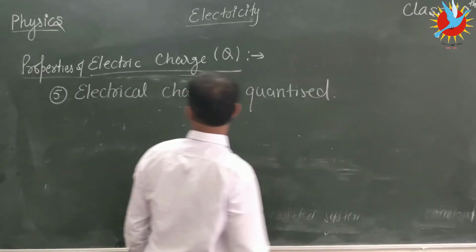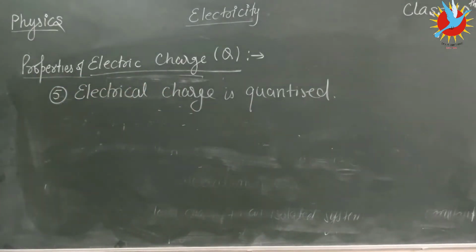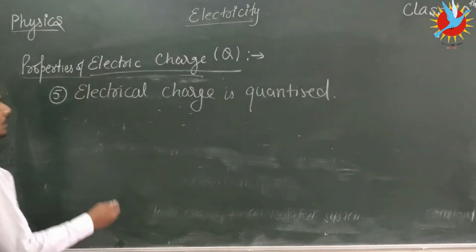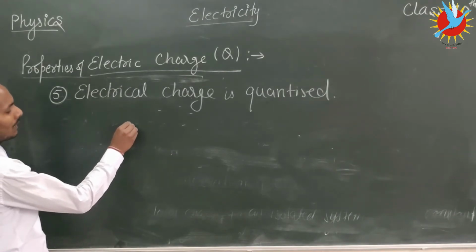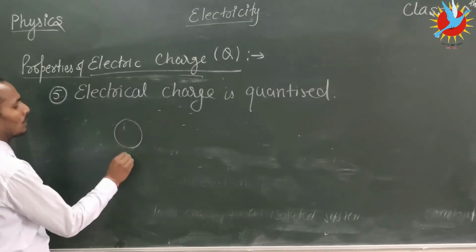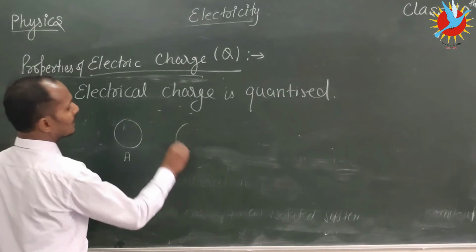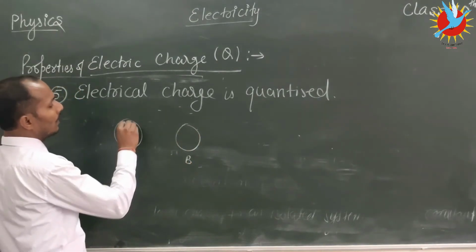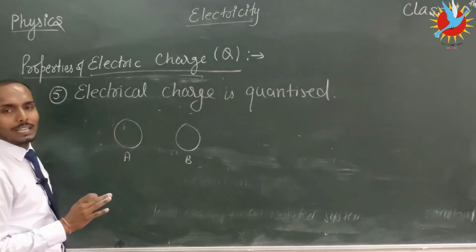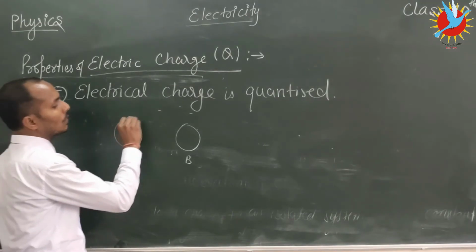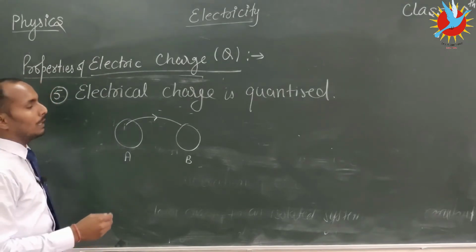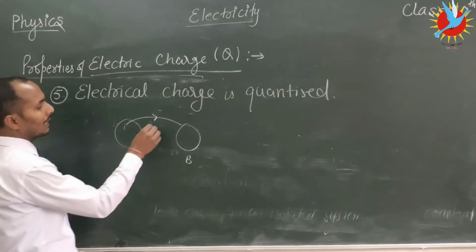Electrical charge is quantized. What does it mean? Suppose here is a body A and this is another body B. What is the meaning of quantized? Quantized means electrons are always transferred in integral multiples.